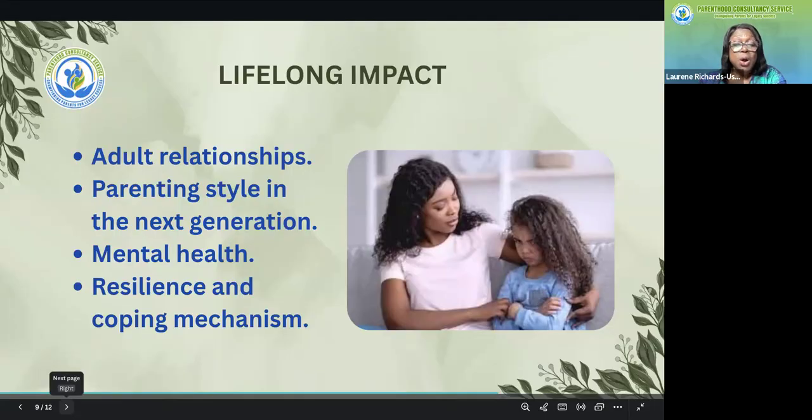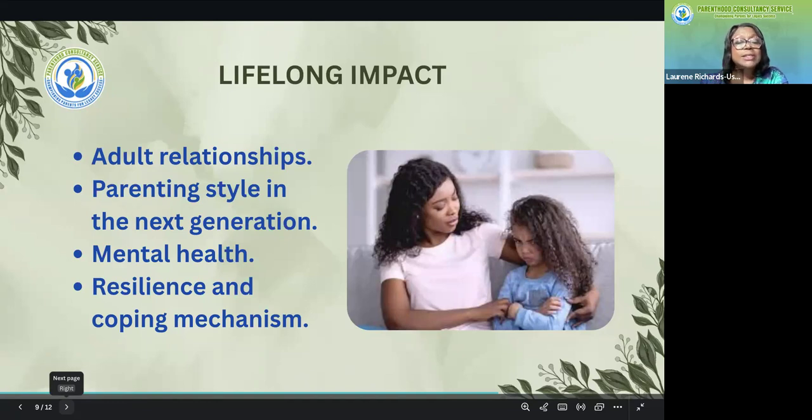So if you are an authoritarian parent, what is going to happen here? Authoritative, I'm sorry, which is high warmth, very loving, and has firm boundaries, you're going to foster a secure attachment.